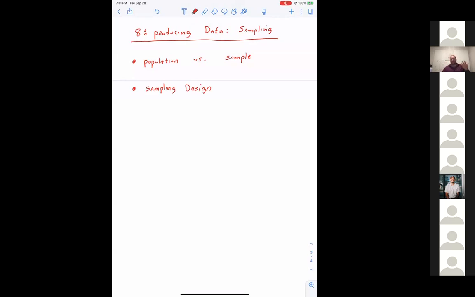Can anyone give me a different scenario of a different type of sampling design? A different way of getting your data. Is this for a specific scenario?